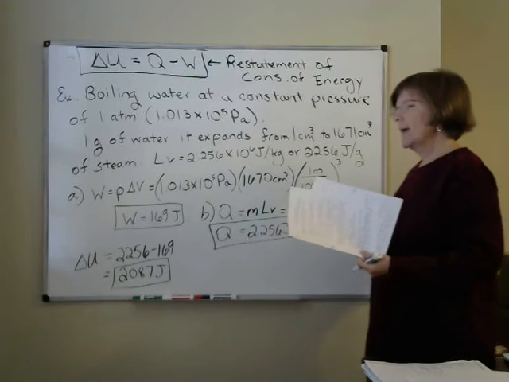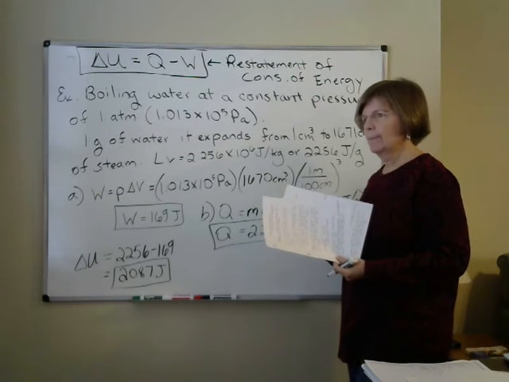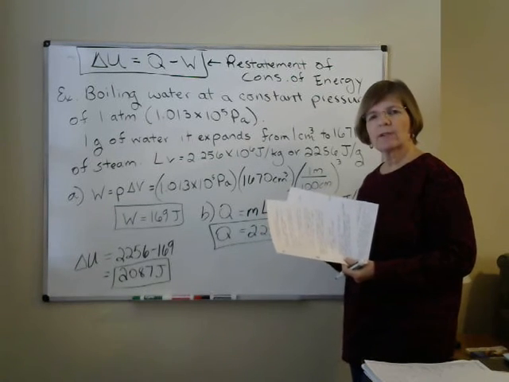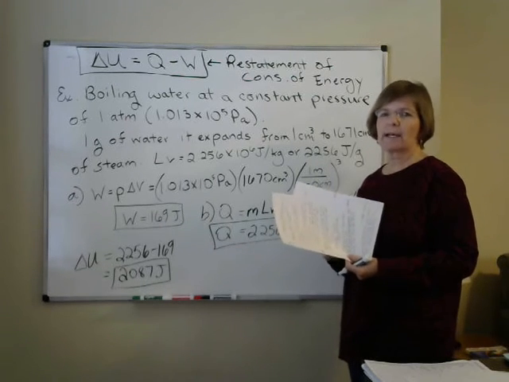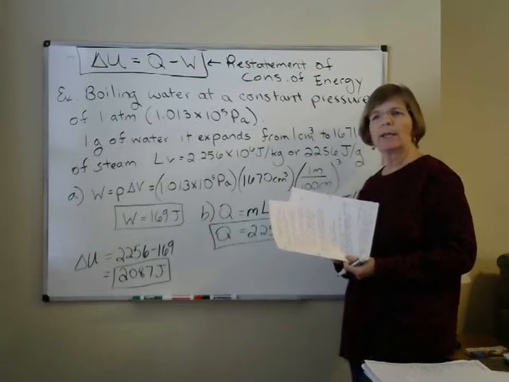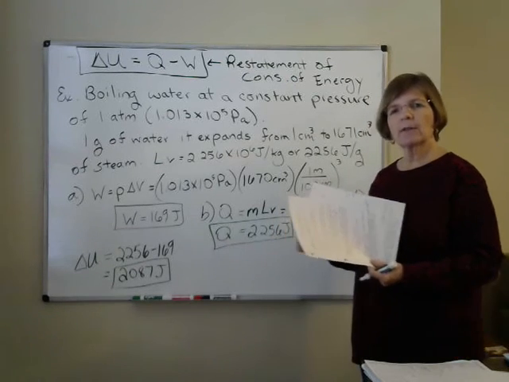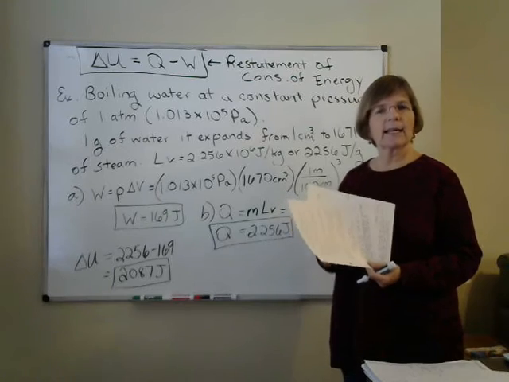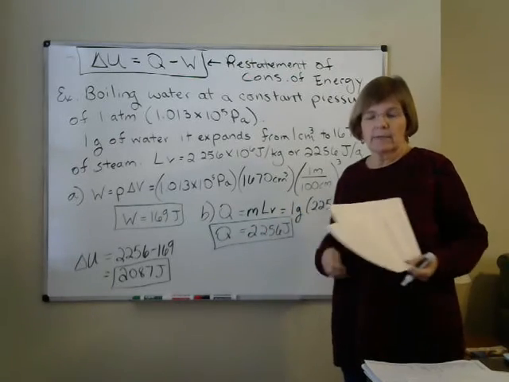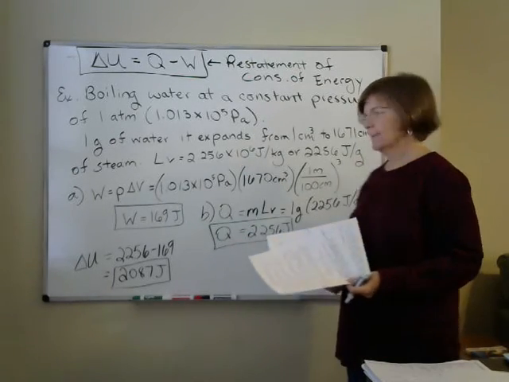Would we expect a gram of steam to have more energy than a gram of water? Absolutely. We know that in gas form, the molecules are moving much faster than in liquid form. It's that extra thermal energy that's sort of how it escaped, right?